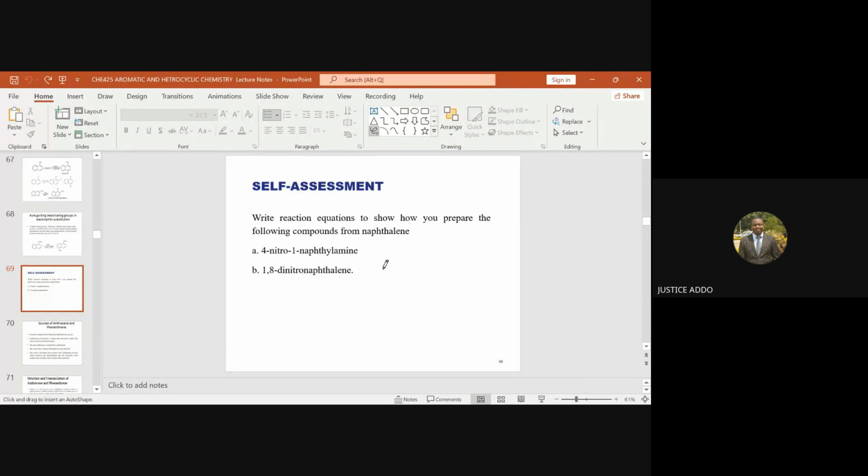And because it's a deactivating group, it will not direct an incoming group to the same ring. It will direct it to the next ring. And the available positions are carbon 5 and carbon 8. So then it goes to carbon 8, and you form your 1,8-dinitronaphthalene. If it goes to carbon 5, you form 1,5-dinitronaphthalene.